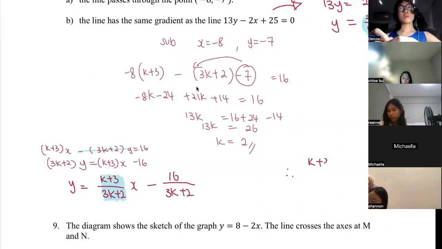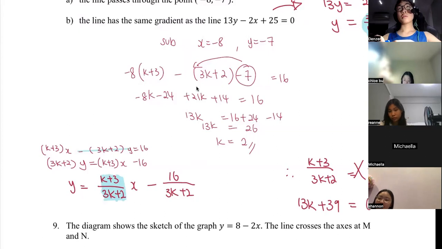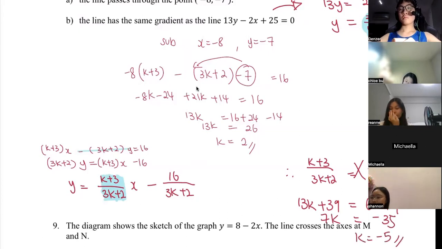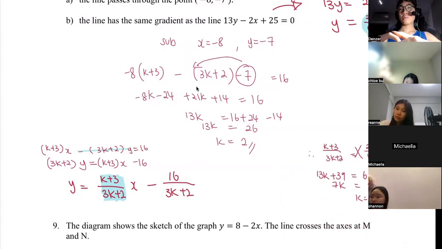Therefore, k plus 3 over 3k plus 2 is equals to 2 over 13. Don't tell me from here you don't know. So I cross multiply 13k plus 39 equals to 6k plus 4. 7k equals to minus 35. K equals to minus 5. That's it. Okay, so they are asking you to find the different values of k, not the same k.